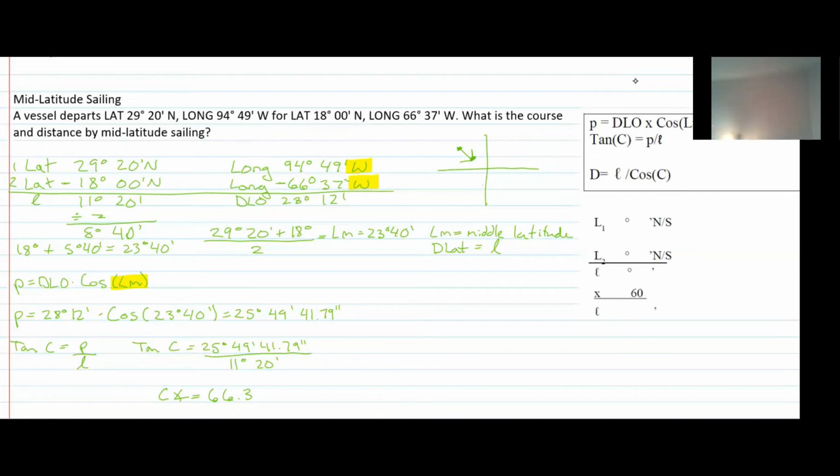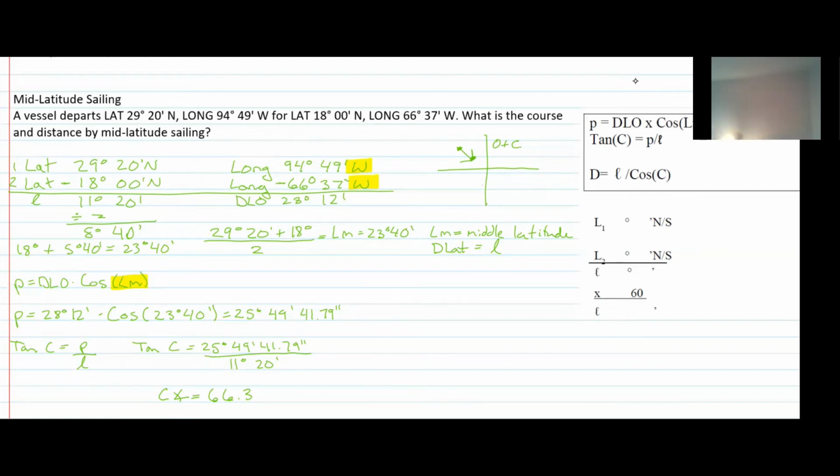This is not often introduced in most classes, but if you're in the northeasterly quadrant, it's 0 plus C. So if we had a northeasterly course based off of our latitude and longitudes that we plotted, then we would just leave it alone. It would be 0 plus our course angle of 66.3.